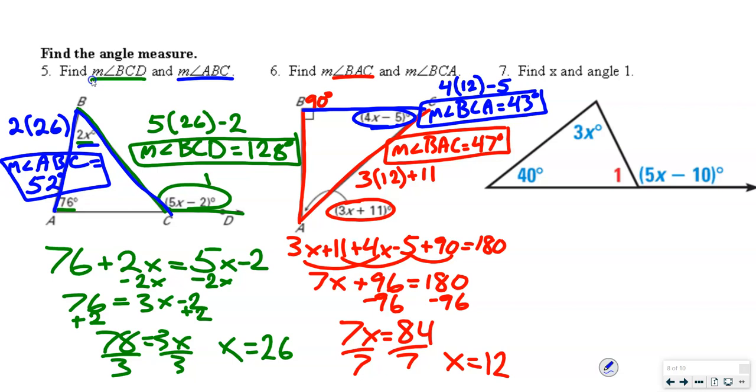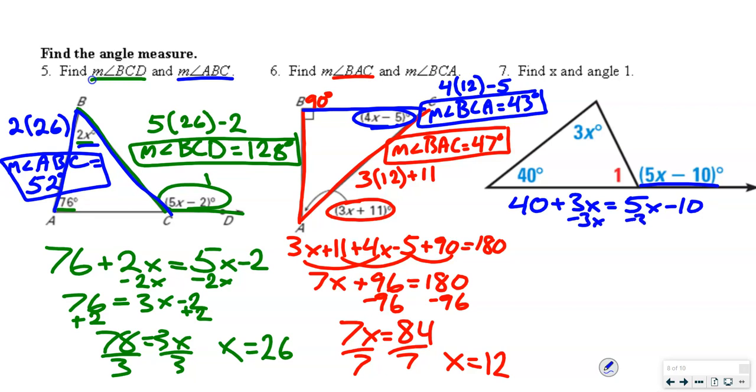So here, if we need to find x, I'm going to use our exterior angle theorem to find x. So we'll say 40 plus 3x equals 5x minus 10. And then we can solve for x.